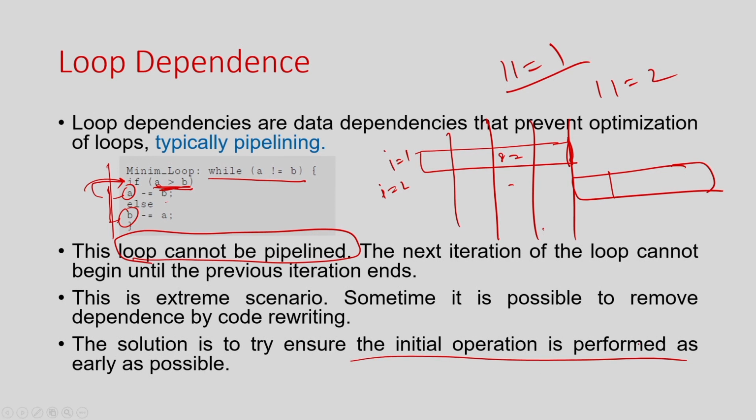Obviously, in this case we cannot do anything, because of how the program is written, but sometimes some tweaking is possible in the code so that this kind of dependency can be avoided or shortened. The idea is to ensure that the initial operation is performed as early as possible, so that the dependency is removed. So, this was just to show the impact of loop-carried dependencies on loop pipelining.